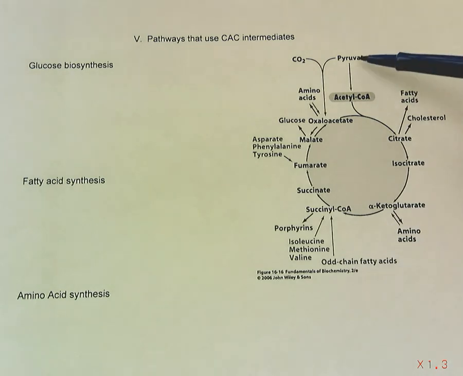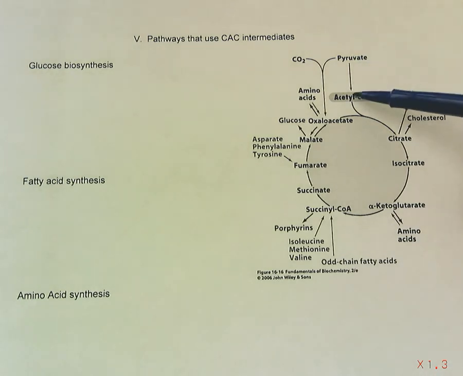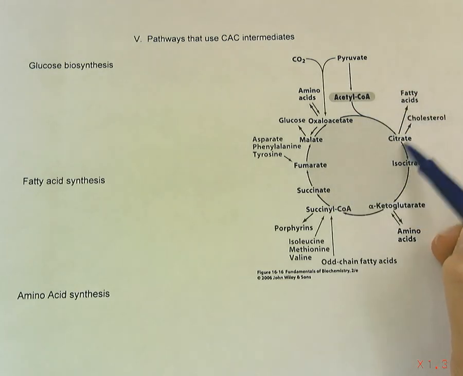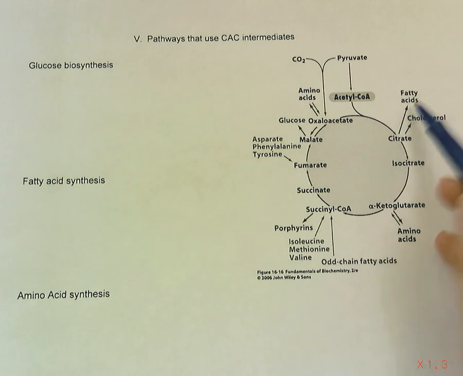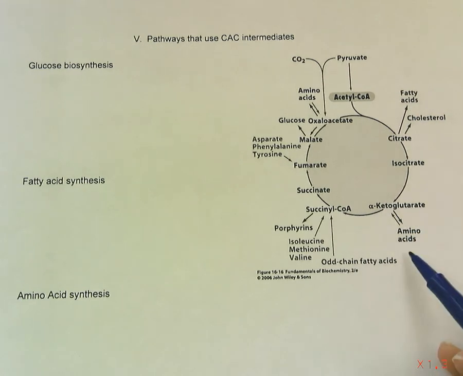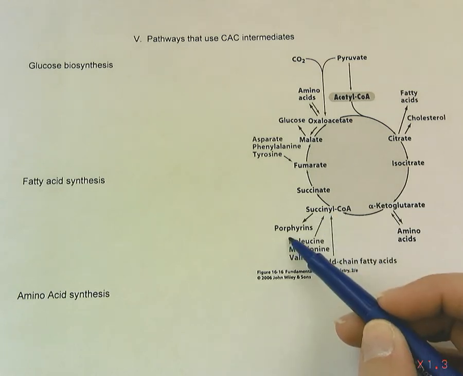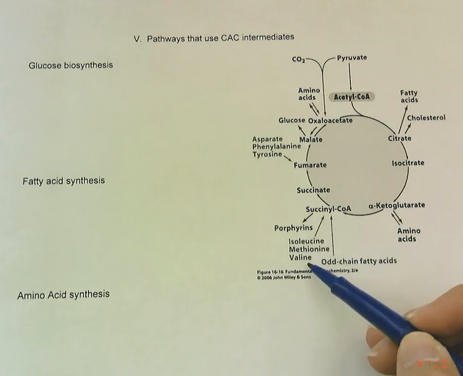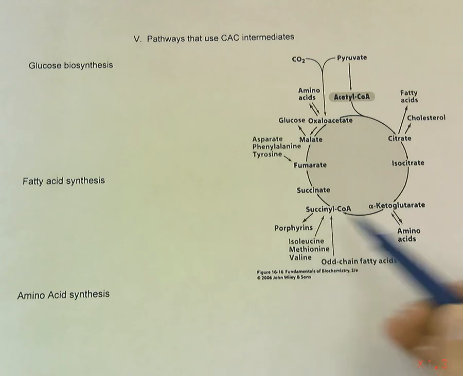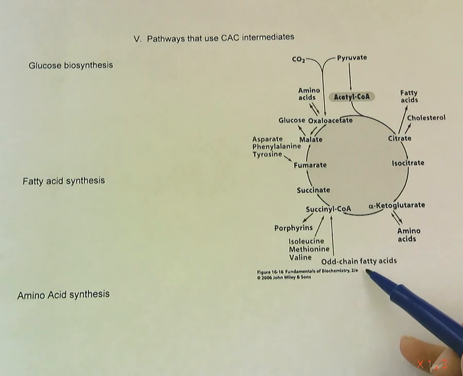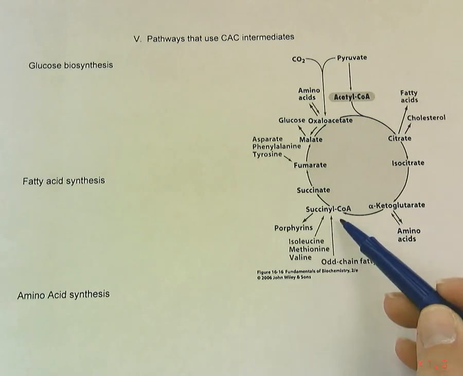All right, so here's our pyruvate that came from glycolysis to make acetyl-CoA. Here's our regular citric acid cycle. Well, citrate is needed for cholesterol and fatty acid production. Alpha-ketoglutarate is needed to make any amino acid your body has. Succinyl-CoA makes porphyrins, and it's also how isoleucine, methionine, and valine are specifically made, as well as all odd-chain fatty acids need succinyl-CoA to get started.